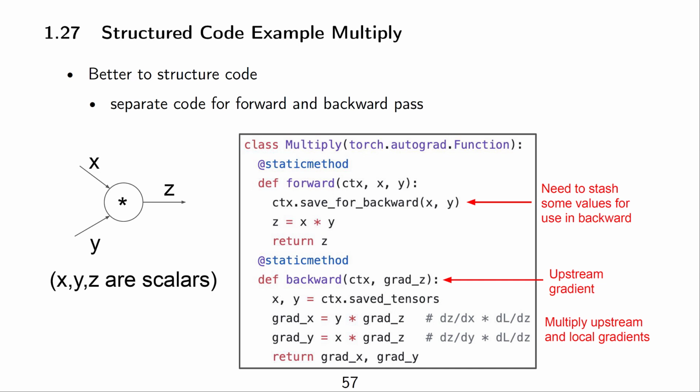One idea you see on this slide is that we have some arbitrary computational node, but in the code we would like to say what happens in the forward pass and what happens in the backward pass. In the forward pass, there are two things you need to do. One is trivial, which is to compute the output of the function, for example z equals x times y.